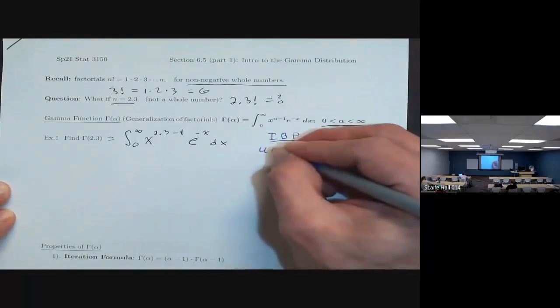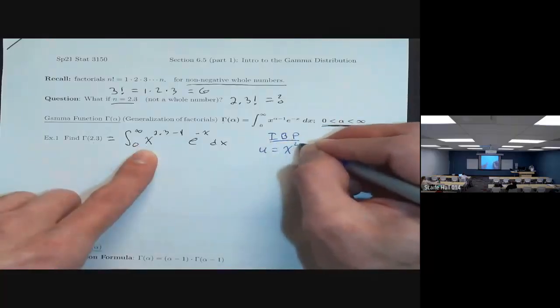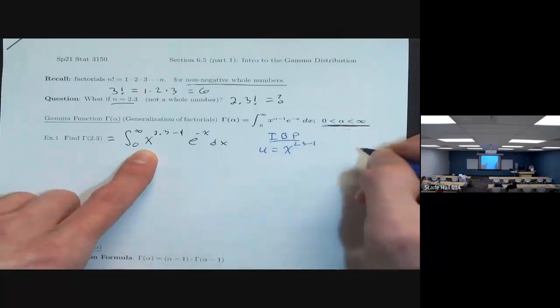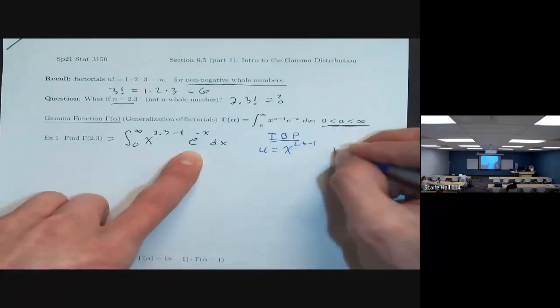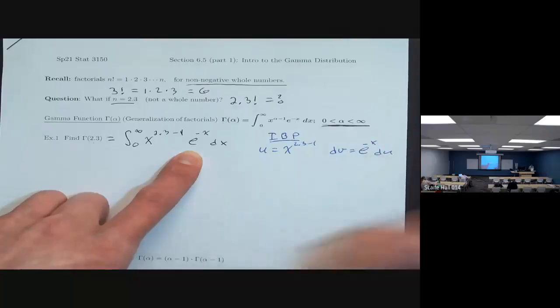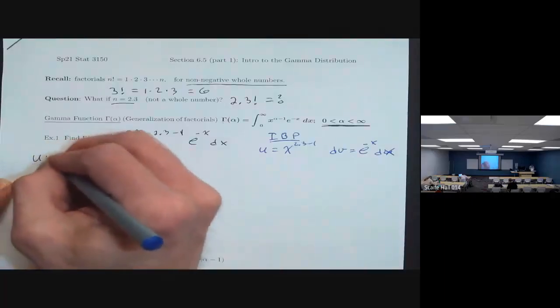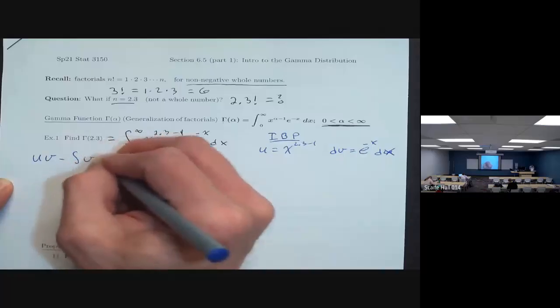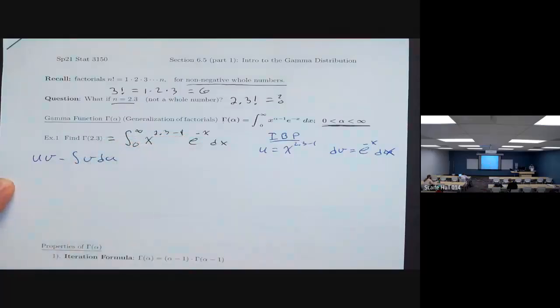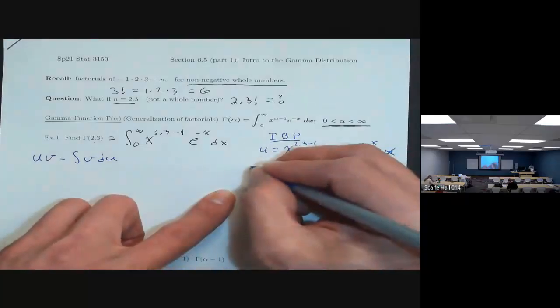So bear with me. I'm going to do this the long way. I'm going to let my u be x to the 2.3 minus 1, and my dv be e to the negative x dx. Because what are we trying to do? We want to set up uv minus the integral of v du. So u is the power of x, dv is e to the negative x.